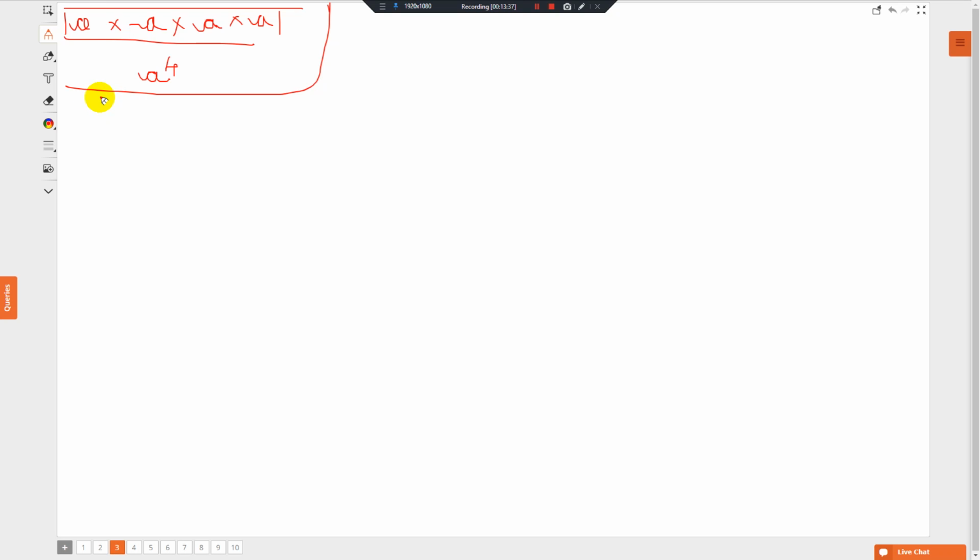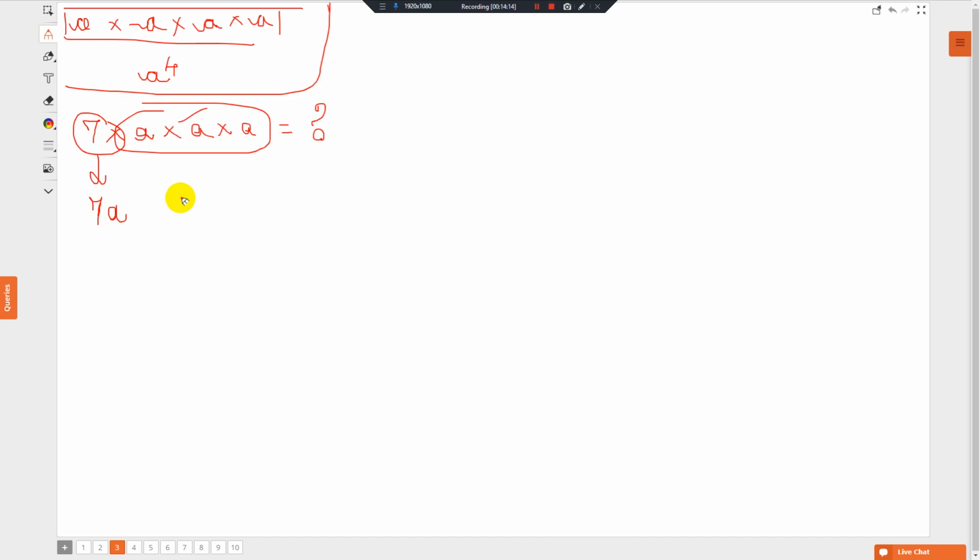Sometimes we get something like 7 into a into a into a. Can we write this? Yes, we can. First, write the 7. Then which letter is used here? a.